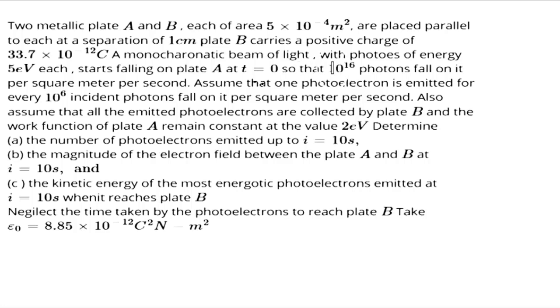So that 10 raised to the power 16 photons fall on it per square meter per second. Assume that one photoelectron is emitted for every 10 raised to the power 6 incident photons.